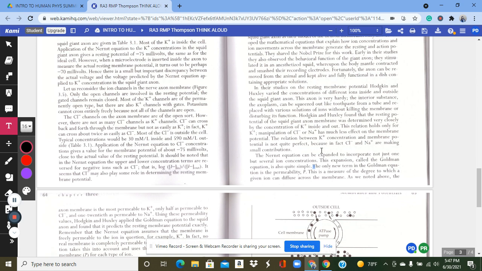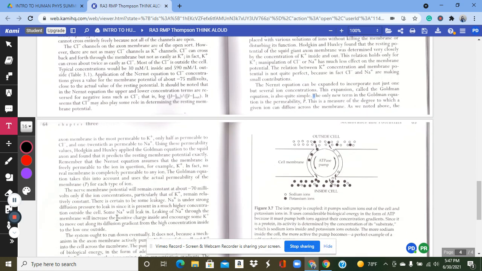As we noted above, the axon membrane is the most permeable to potassium, only half as permeable to chloride, and 1/20th as permeable to sodium. Using these permeability values, Hodgkin and Huxley applied the Goldman equation to the squid axon and found that it predicts the resting membrane potential exactly.